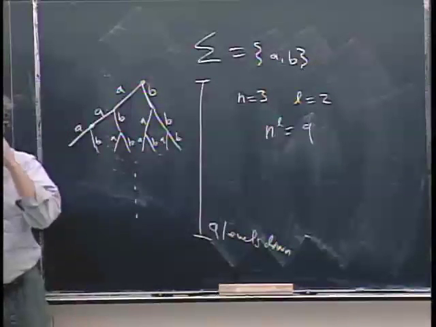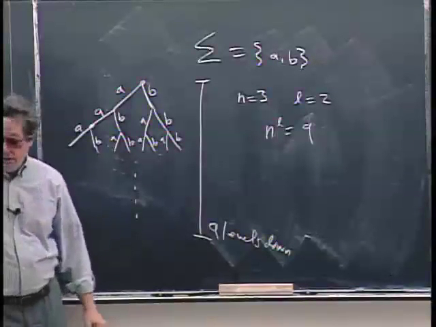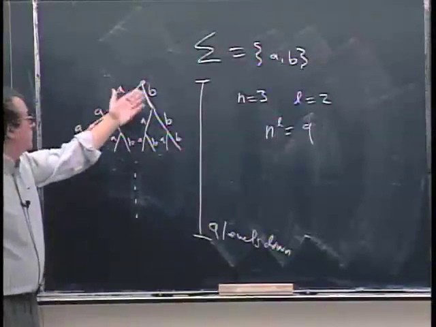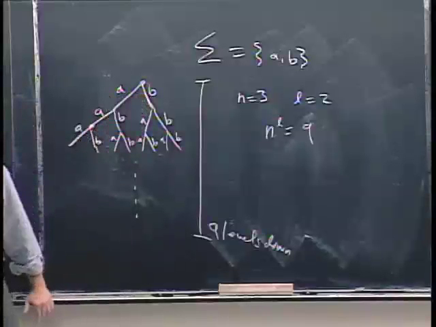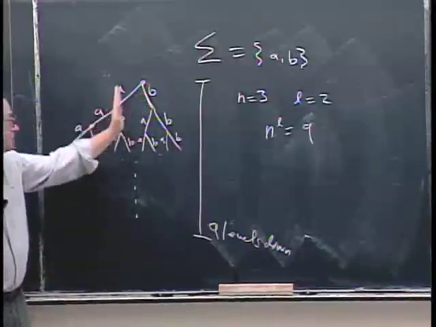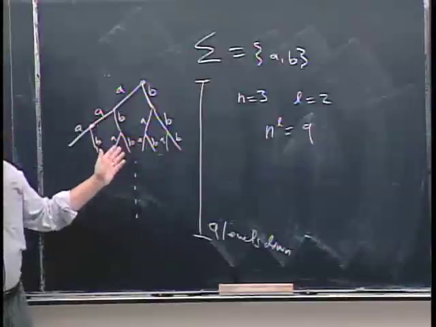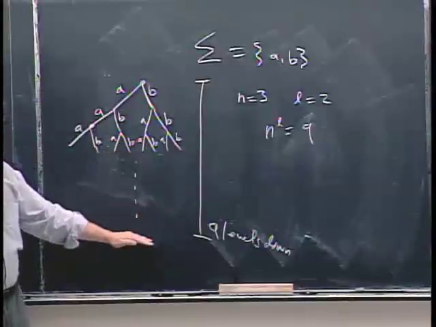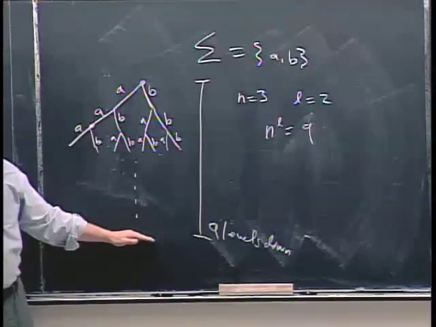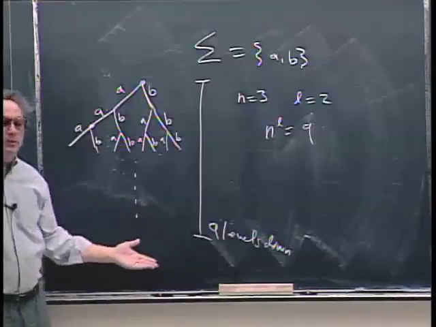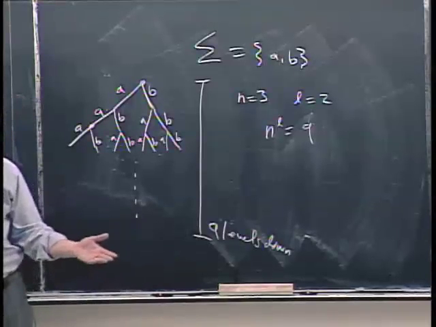Now, what does it mean to do it non-deterministically? You could imagine a deterministic Turing machine that goes along each of these paths and generates all of these strings. But what does a non-deterministic Turing machine do?